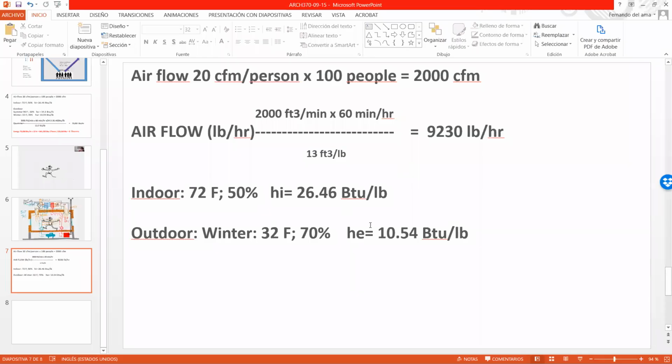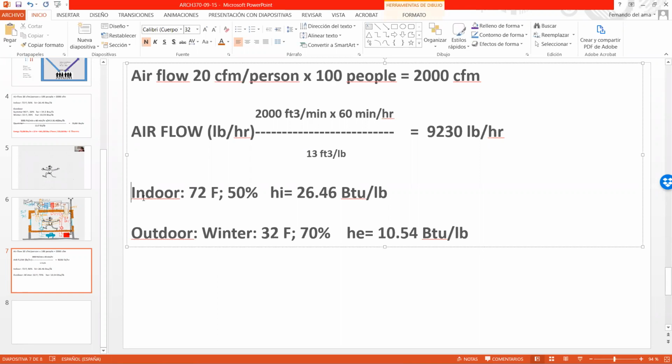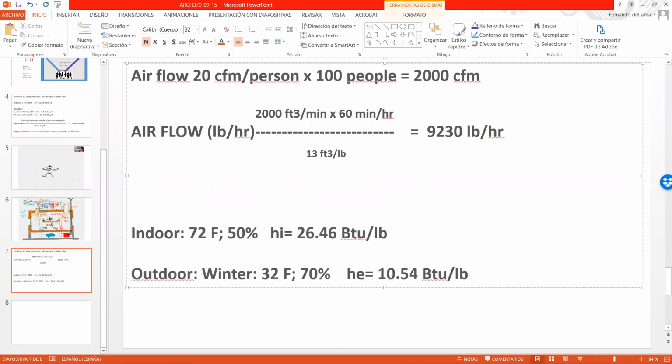Okay, so this is the Q, the heating load, is 2,450, and units are BTU per minute. And now we have to multiply times 60 minutes divided by hour.